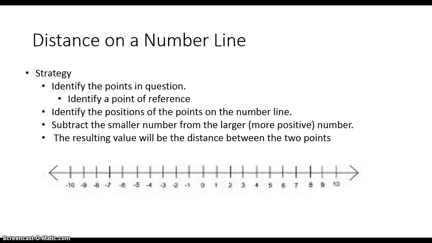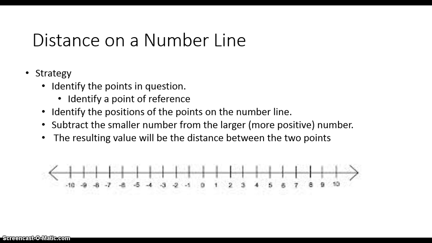Let's talk about distance on a number line. So here is a strategy to find the distance between 2 points on a number line. First, we need to identify the points in question. So as I spoke about before, we're going to need to identify a point of reference so that we can place those points accurately. Sometimes this will not be an issue if we're given the points, but if we have to go through a word problem and find those points out of the wall of text, we're going to need a point of reference.